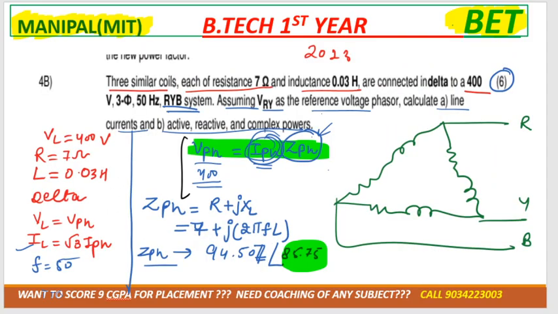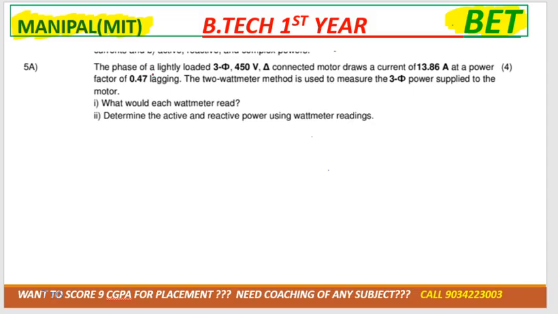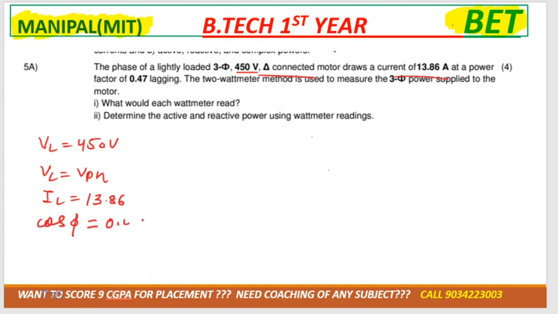Got it? See, in this question they said the phase of a lightly loaded voltage V is 450 volt, delta connected, delta means VL is equal to VPH, draws a current IL equal to 13.86 and power factor cos phi is 0.47.